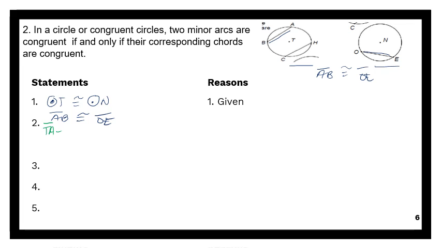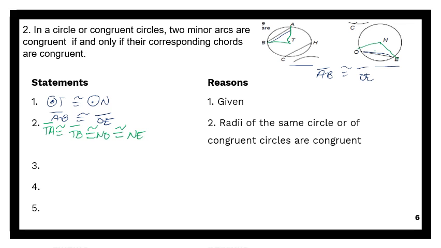TA is congruent to TB and also congruent to NO and NE. The reason: radii of the same circle or of congruent circles are congruent, which we studied earlier.